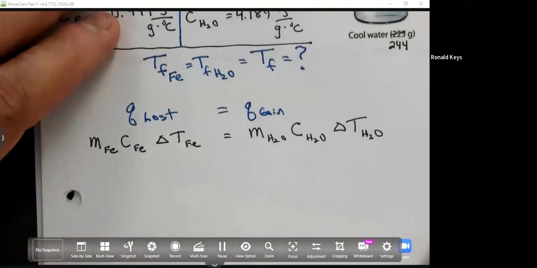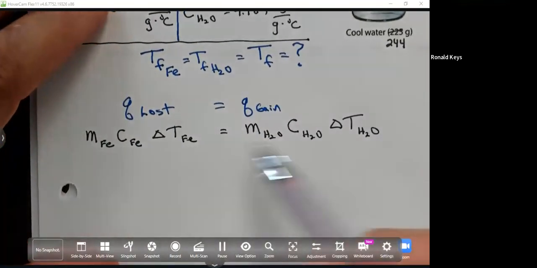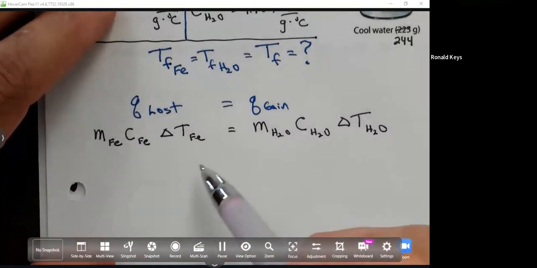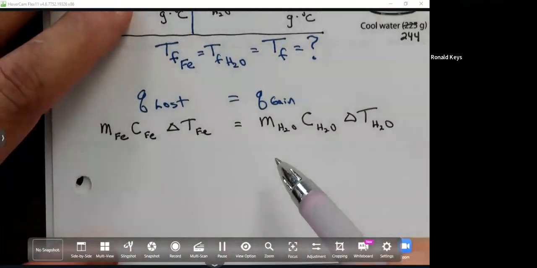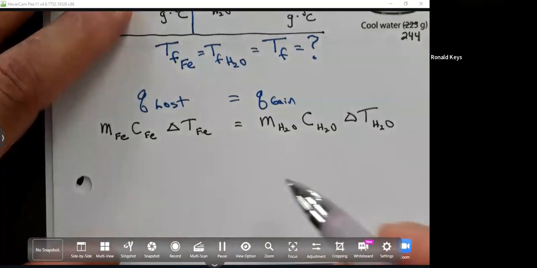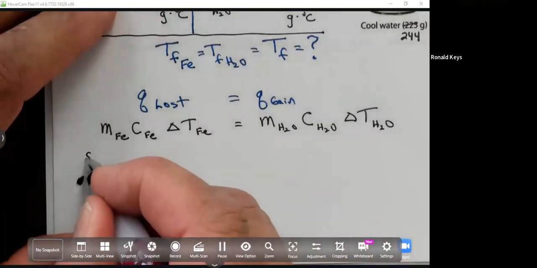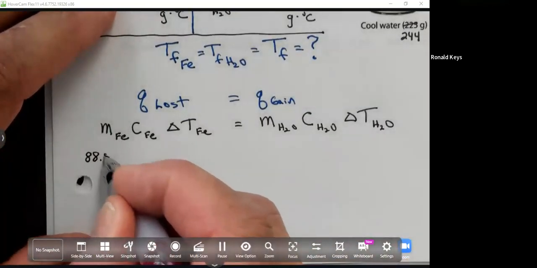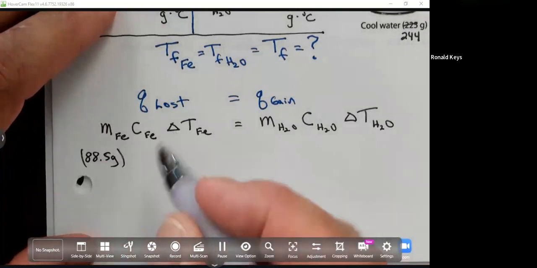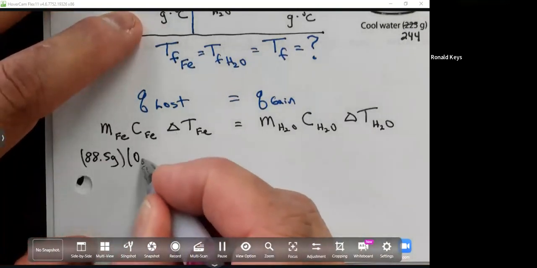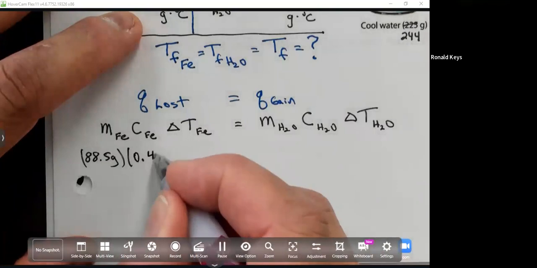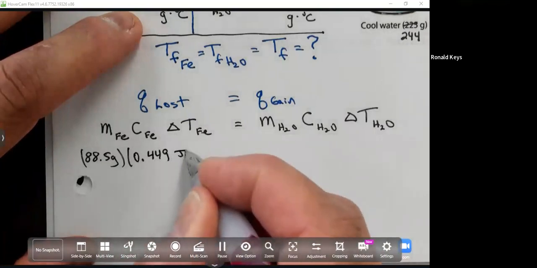If you're going to work on this in OWL, we are at the perfect spot. Please pay attention now to the trick to this. Let's put the numbers in.